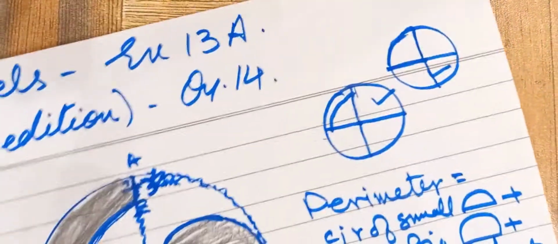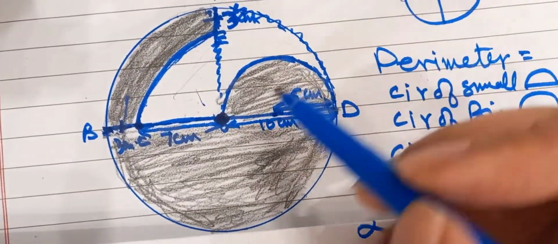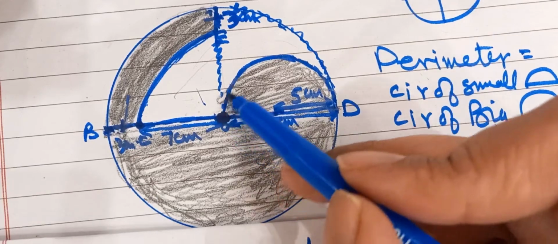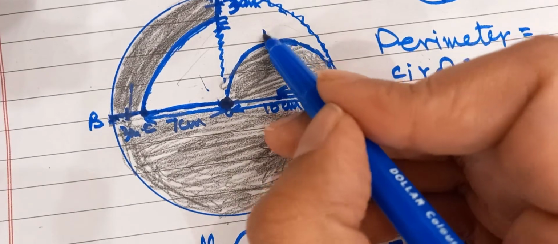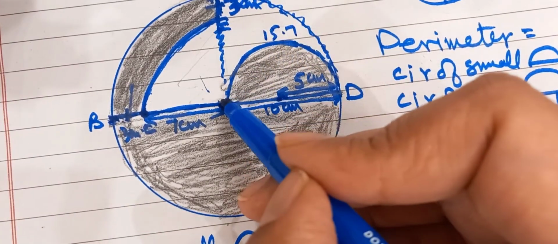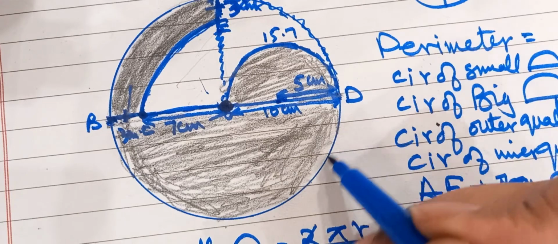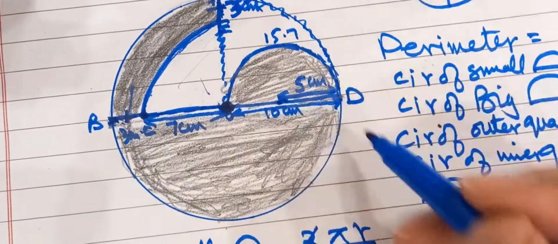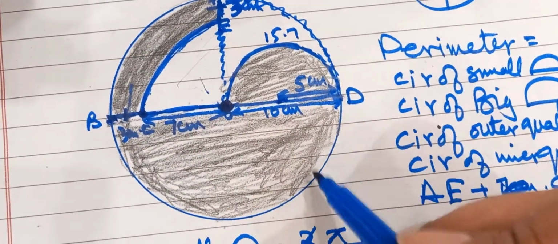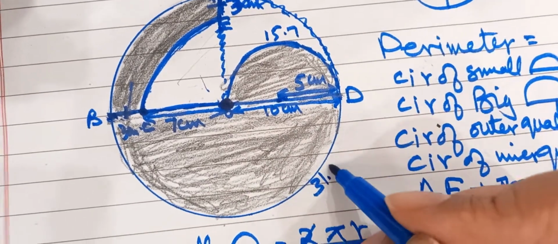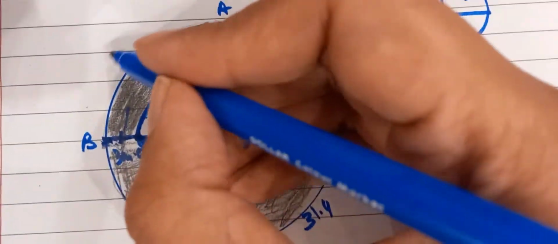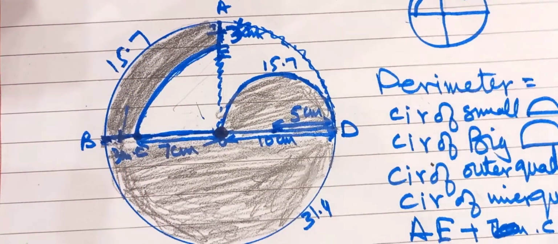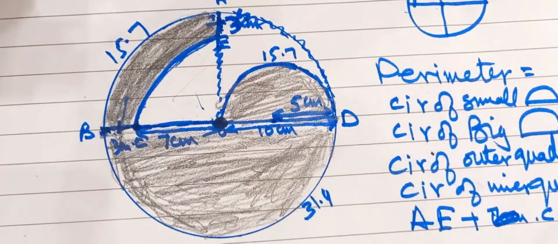Now I have calculated all the unknowns. I know the value of this now, which is 15.7 from here till here. I know the value of this from here till here, which is 31.4. I know the value of this point, which is 15.7. I know the value of inner quadrant, which is 11 from here to here.